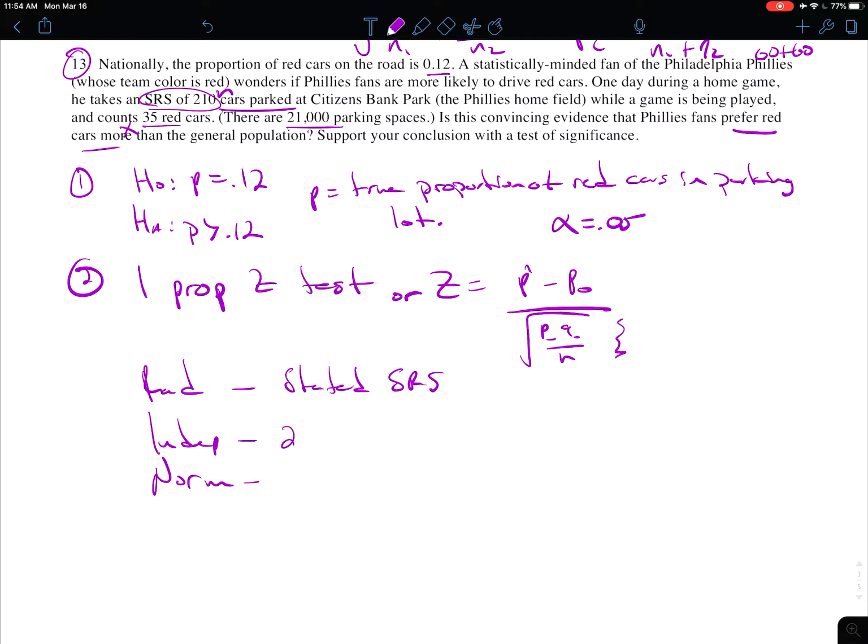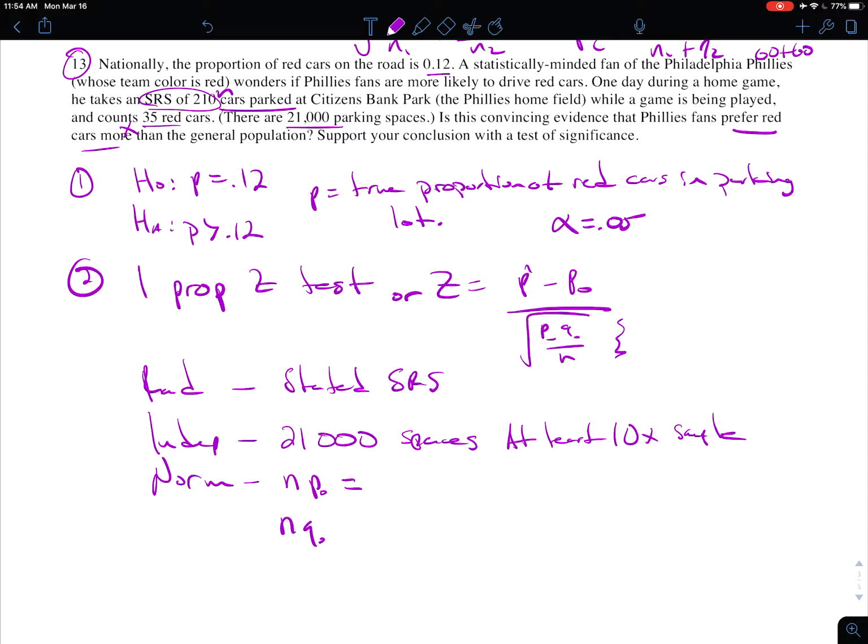Independence, let's see, 21,000 spaces, which makes us think that there's at least 10 times the sample in our population. So independence has been met. And then for the normality, make sure that we show the numbers here. And it's np, again, it's the null p, and nq.